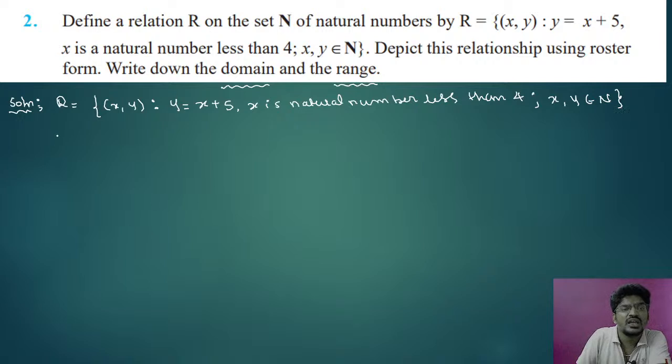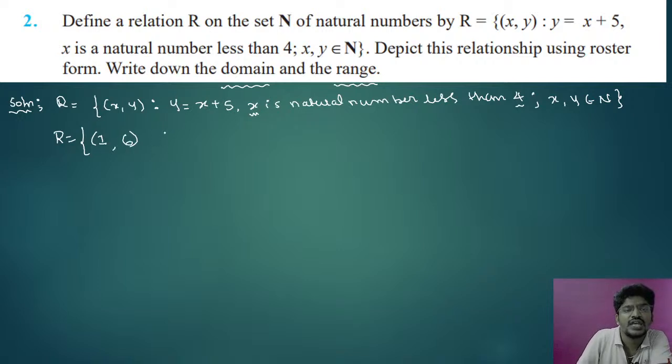Next, now I have to write it in roster form. How to write it in roster form? You just see here. x comma y such that y equals x plus 5, and this x is a natural number less than 4. So I can take x value as 1. If x is 1, what will be the y value? 1 plus 5, that is 6.